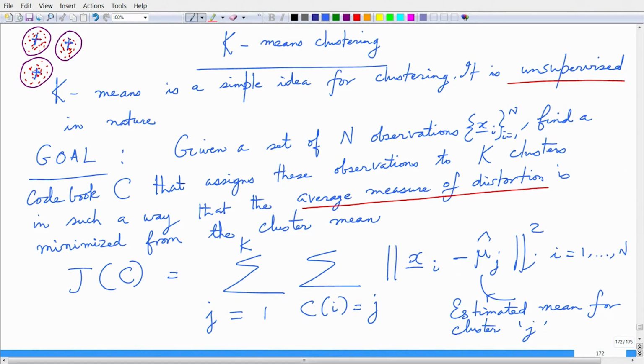In some sense it is like a code book. I give you a data point and it will give me the cluster center which it is associated with, or the index, and I can use this for whatever I want.